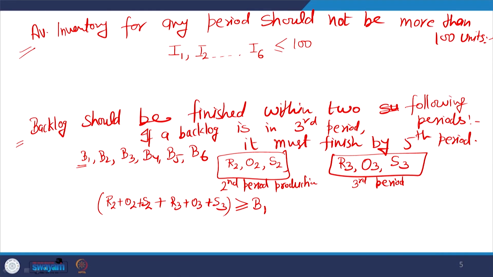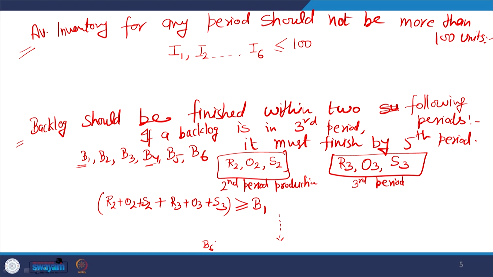So, it should be greater than or equal to B1, because the two following periods' production should be fulfilling the backlog of my first period, and in that way we will have more such equations up to the last period, that B4's backlog should be fulfilled by B6, and B5's backlog has to be fulfilled by 6th period demand, and there should not be any backlog at the end of the 6th period.